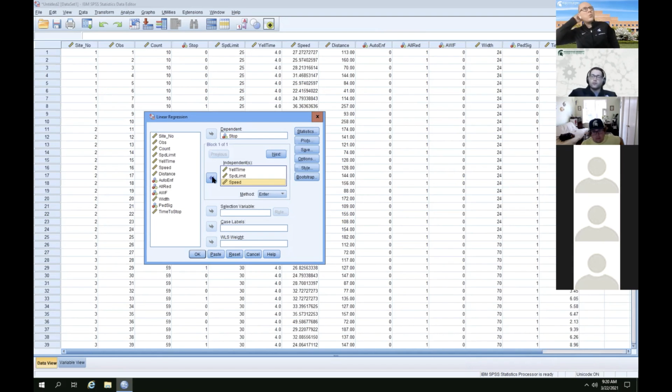That probably makes sense. So the thought here, and this isn't something that's consistently shown from site to site, is that with longer yellow times, you generally see that drivers are more likely to proceed through the intersection or not stop.